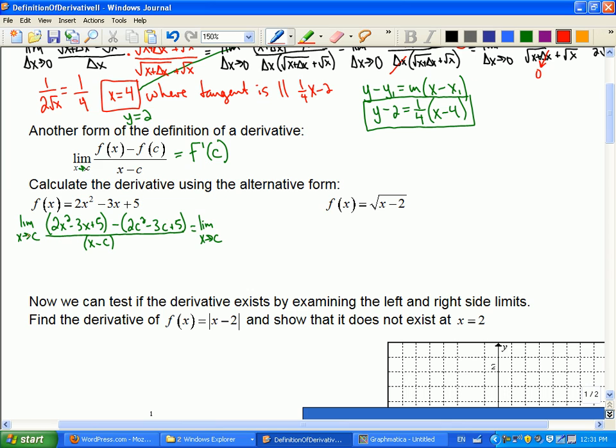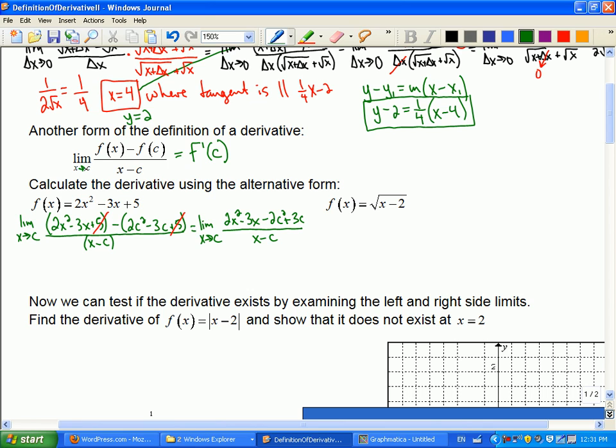The first thing is, things still will simplify, so that 5 is going to be gone. It's in both pieces, so when I subtract them, it'll disappear. And I have 2x squared minus 3x minus 2c squared, sorry, that'll be plus 3c then, all over x minus c.